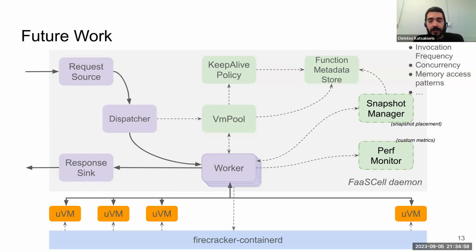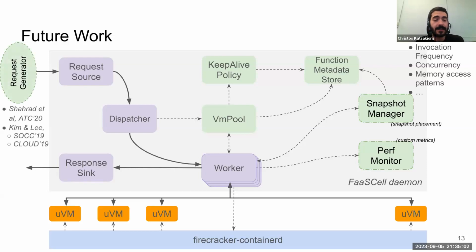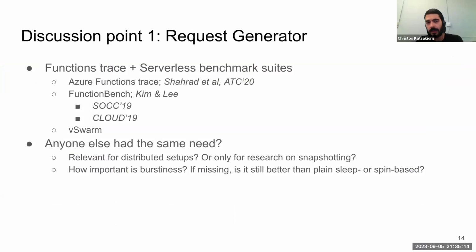So moving forward, we realized that we have a need for generating invocation request distributions that refer to realistic workloads. So this brings us to the first discussion point as well.